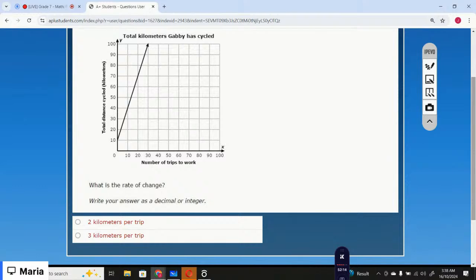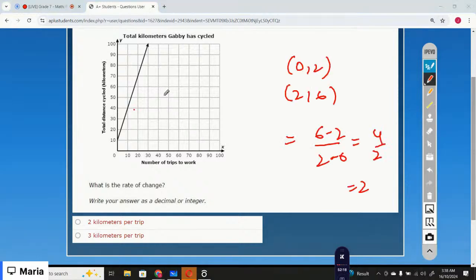Let's see one easy way to find the rate of change.